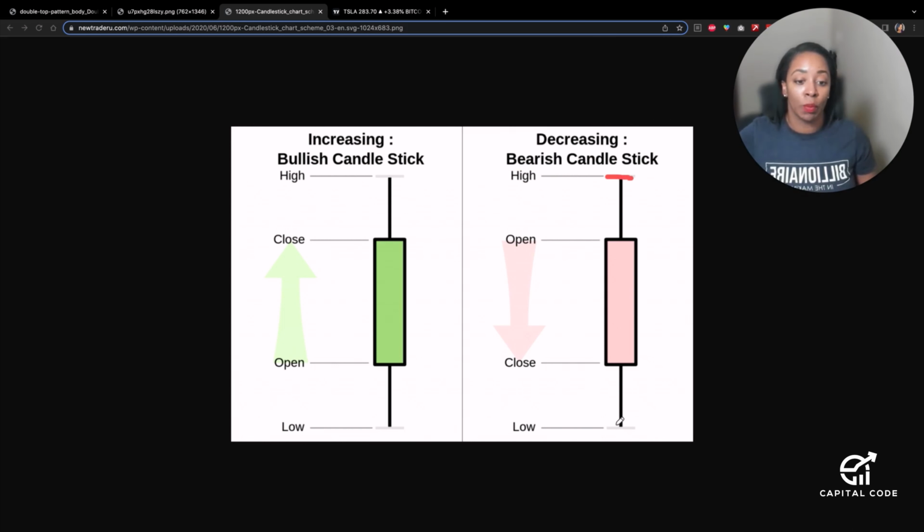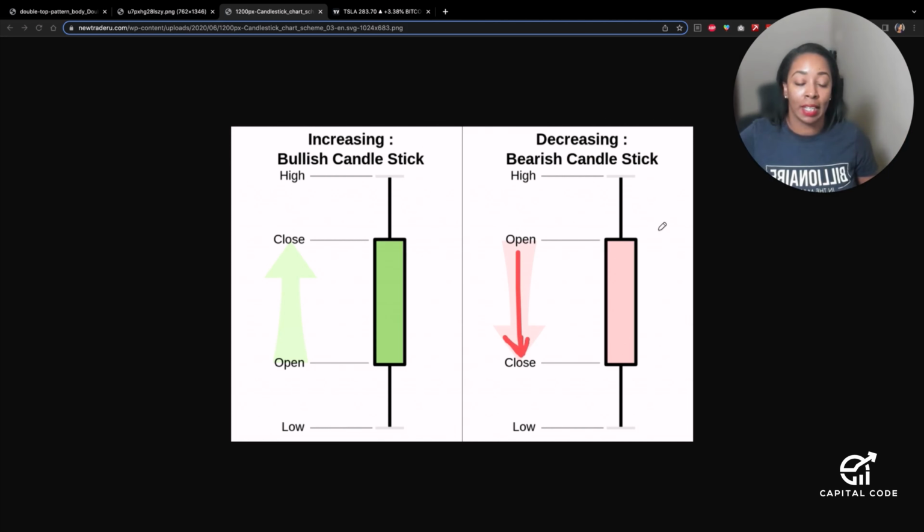With the same being true on the bearish side, we have the highest point that this candle reached, we have the lowest point that this candle reached, we have an open and a close. So notice that the open for a bullish candlestick is down here, and the open for a bearish candlestick is at the top. That's because in order for the price to show bearish momentum or bearish movement, we know that the price has to go down.